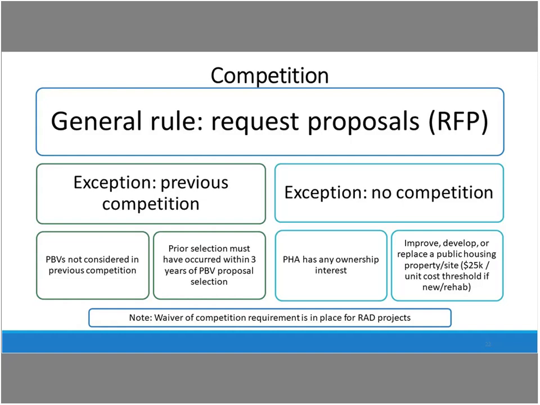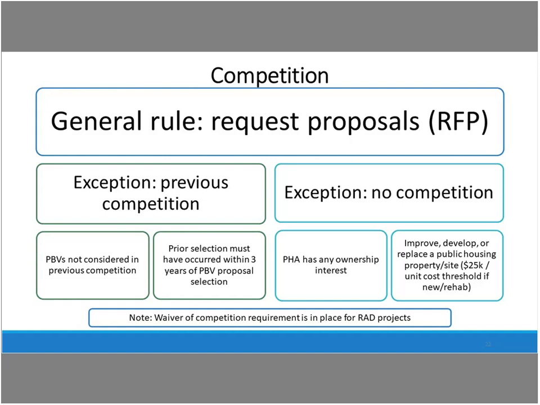Another exception to the competition requirement relates to the involvement of the housing authority in the future project and the project itself. This is the right side of the box I'm speaking to now, the one with a teal color around these boxes.